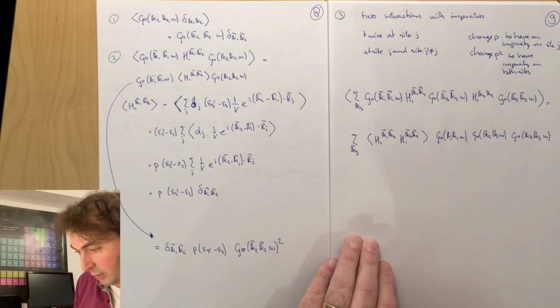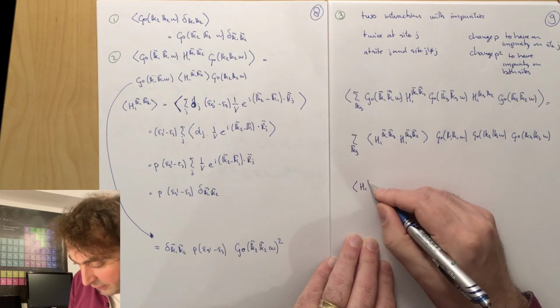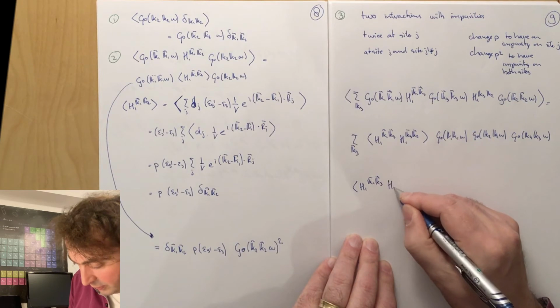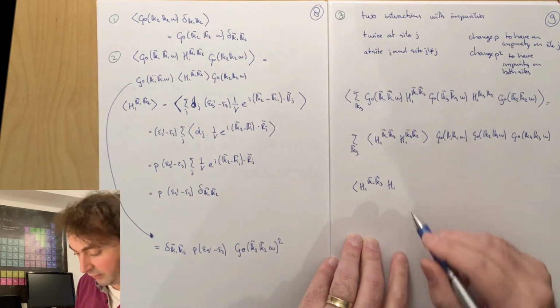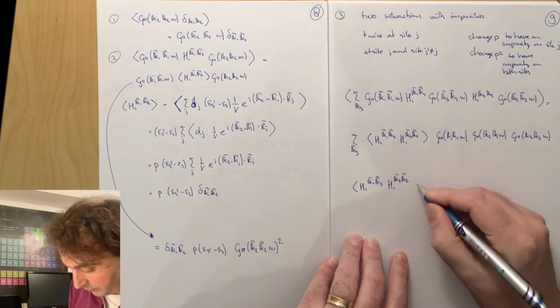Now let's have a look at the average over all random distributions of the product of H1, the matrix element where you scatter from K3 to K1, and where you scatter from K2 to K3.